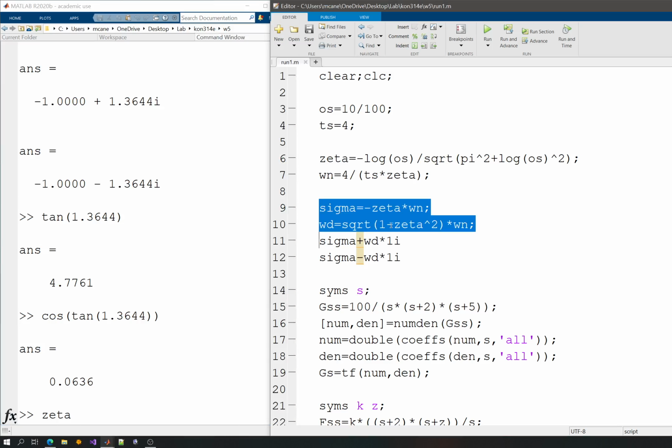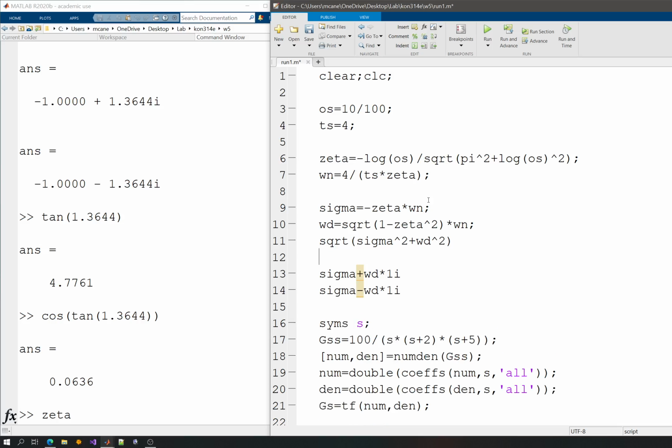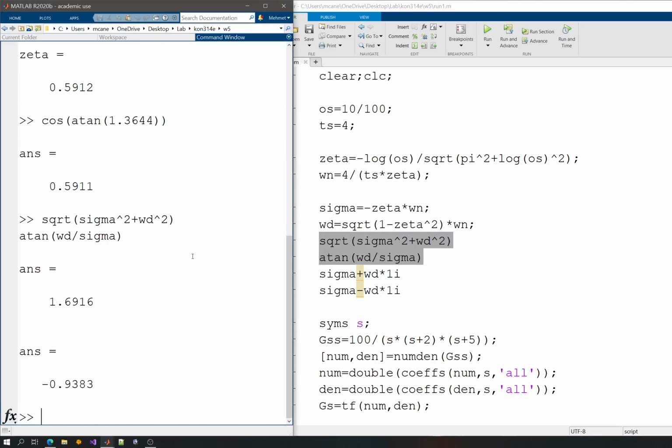So this is the Cartesian representation of my poles, and if you go ahead and look for the square root of sigma squared plus omega d squared, and if you look at atan of omega d divided by sigma, you will see that it will give me basically these values here.